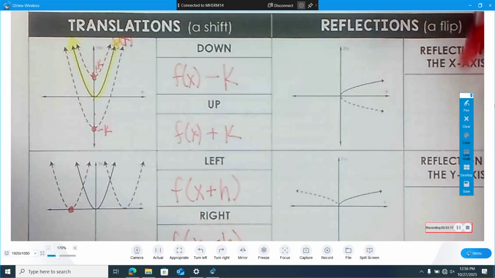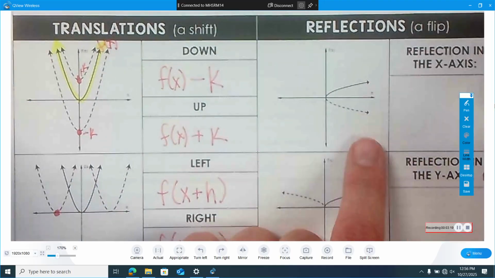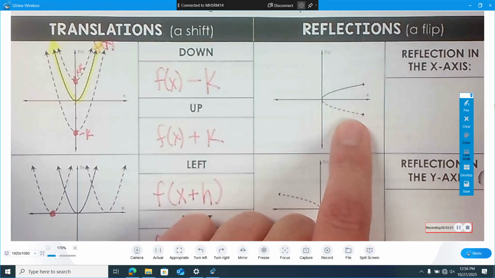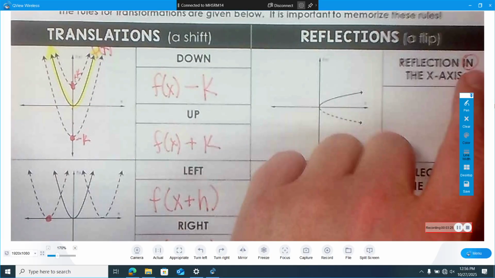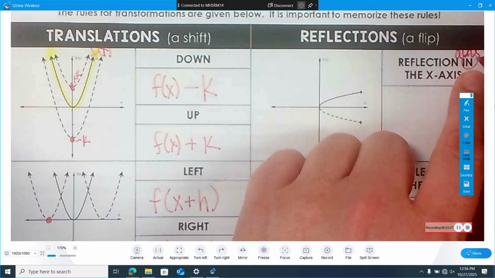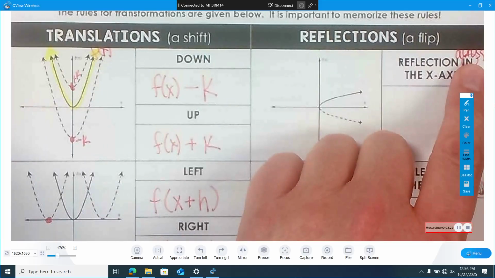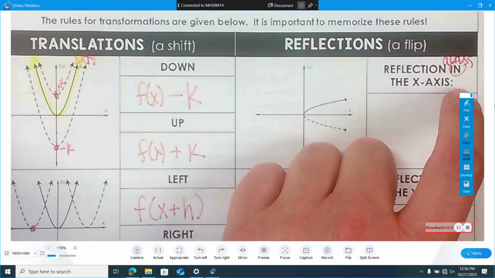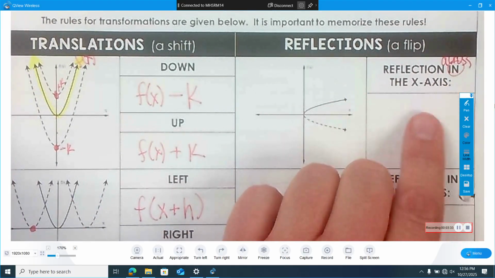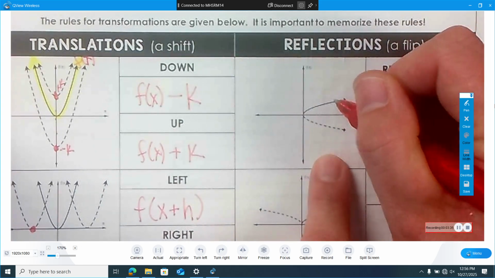Now, if I have a reflection in the x-axis, or I don't like the word in, I usually change that to across. A reflection across the x-axis, or you could say a reflection over the x-axis.